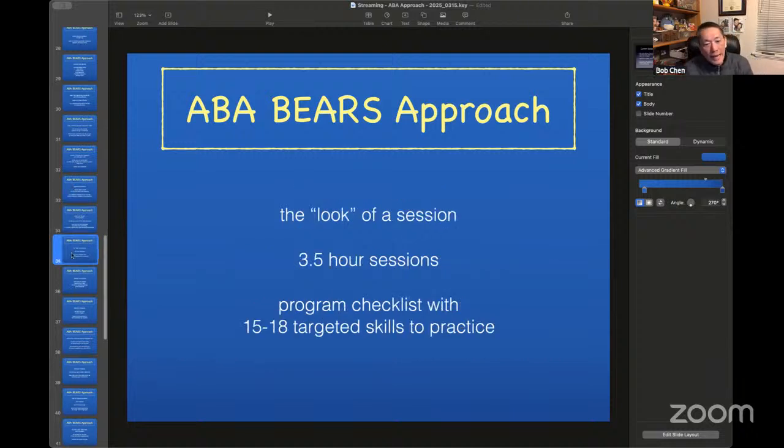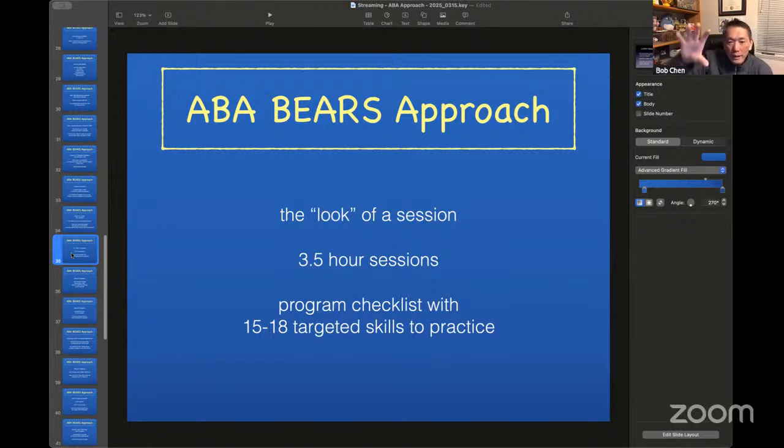All right. Now, sessions for us last about 3.5 hours in duration. The younger the kid, usually the shorter the session. Really young kids, like 2 years old, we might only do 2 or 2.5 hour sessions, and as they slowly get older, longer.